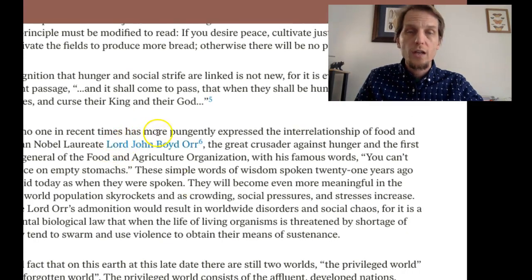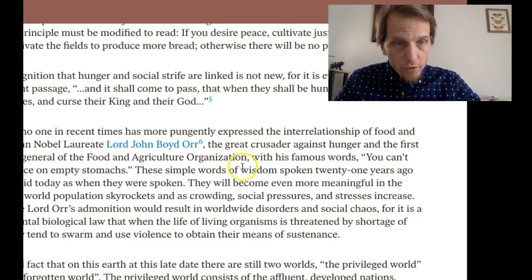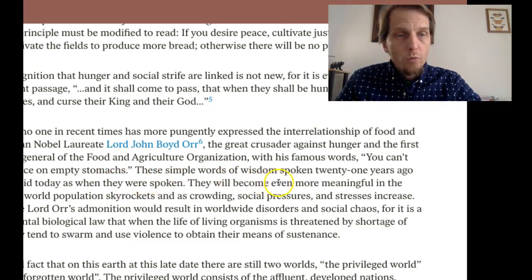Perhaps no one in recent times has more pungently expressed the interrelationship of food and peace than Nobel laureate Lord John Boyd Orr, the great crusader against hunger and the first Director General of the Food and Agriculture Organization. With his famous words, "You can't build peace on empty stomachs." These simple words of wisdom, spoken 21 years ago, are as valid today as when they were spoken.